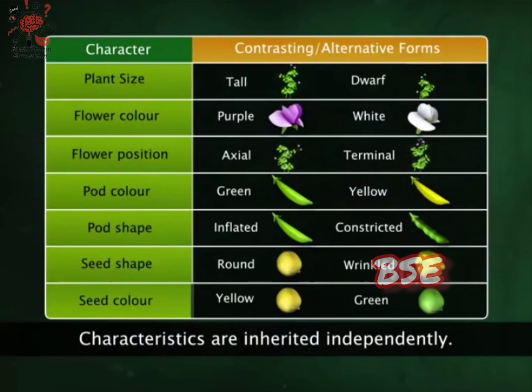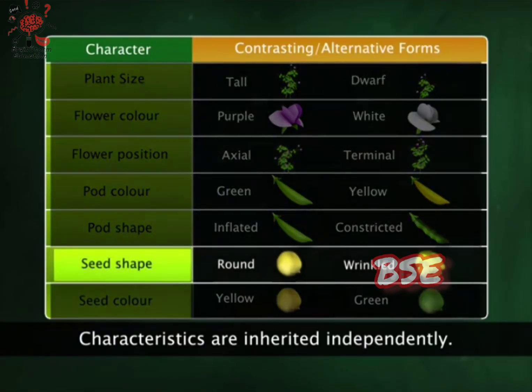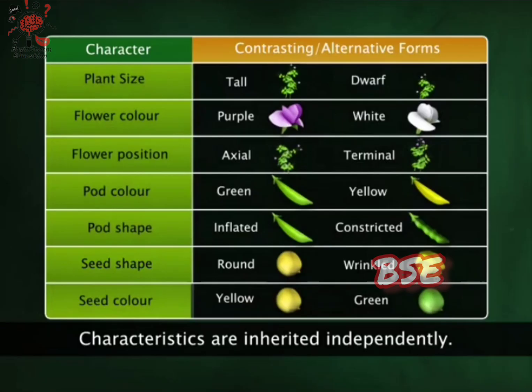In other words, characteristics are inherited independently of each other. In our example, the genes for seed color and seed shape are sorted independently, resulting in formation of 4 types of gametes in equal proportion.